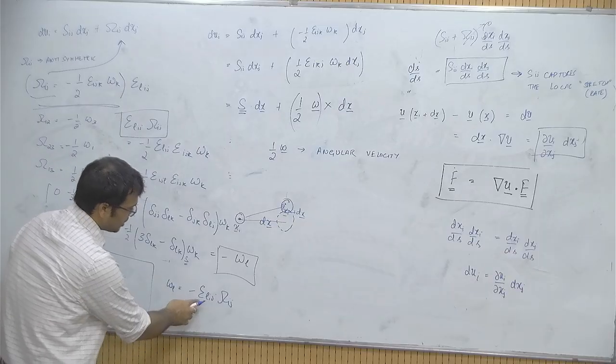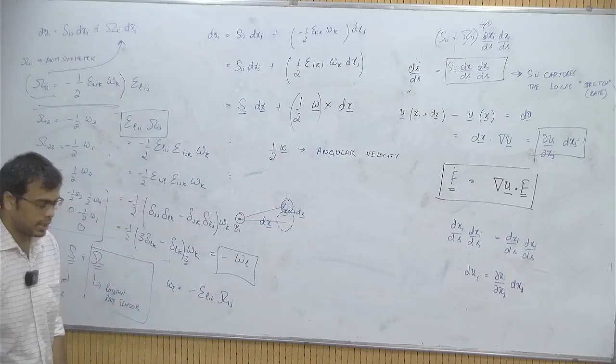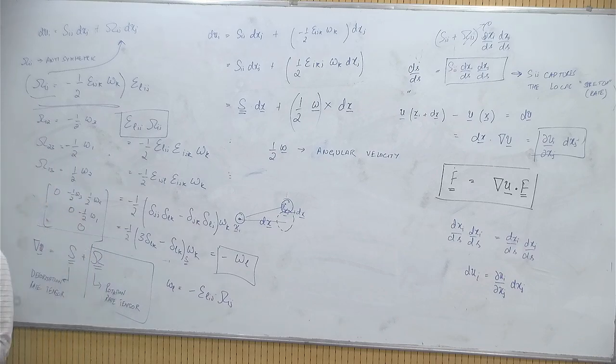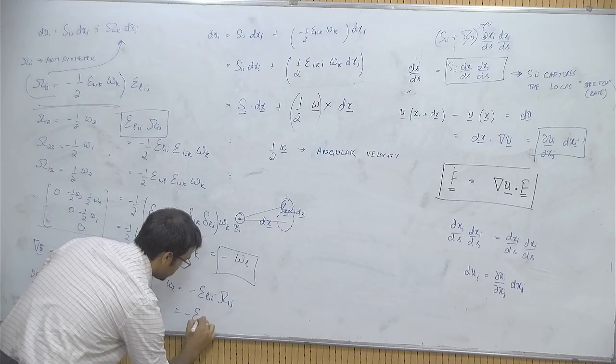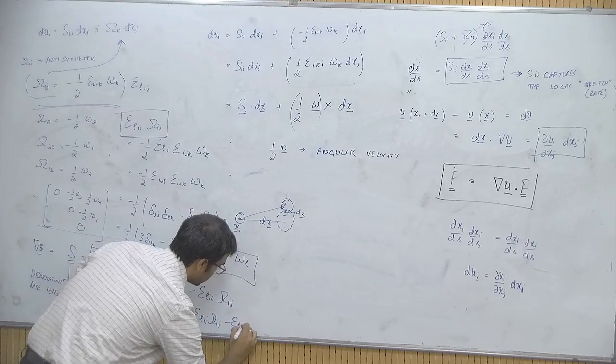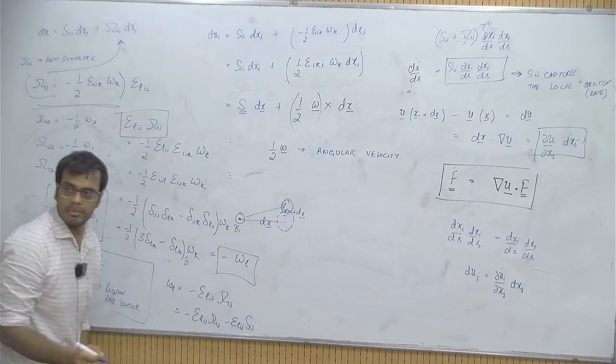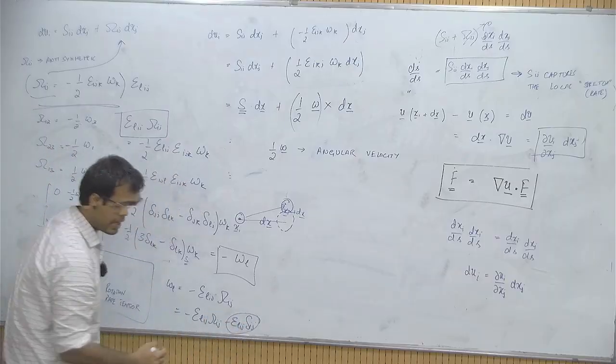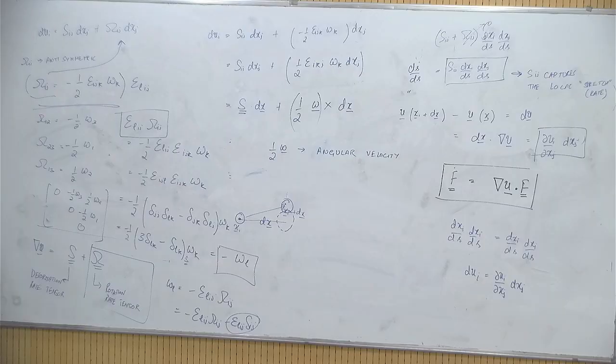So you have epsilon Lij omega Ij. What can you say about epsilon Lij in i and j? Is it symmetric or anti-symmetric? Anti-symmetric. So if I write this as minus epsilon Lij omega Ij minus epsilon Lij Sij, it doesn't matter because this part is anyways going to be 0. Epsilon Lij Sij is going to be a 0 vector.